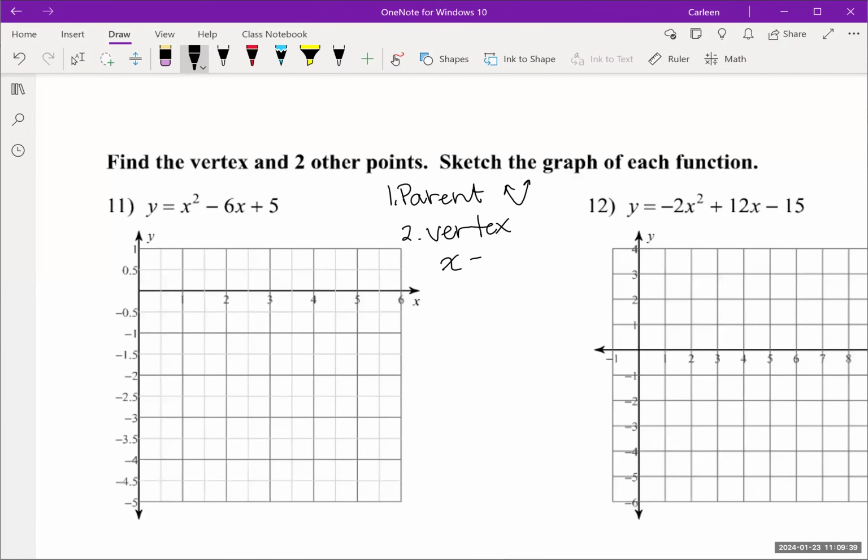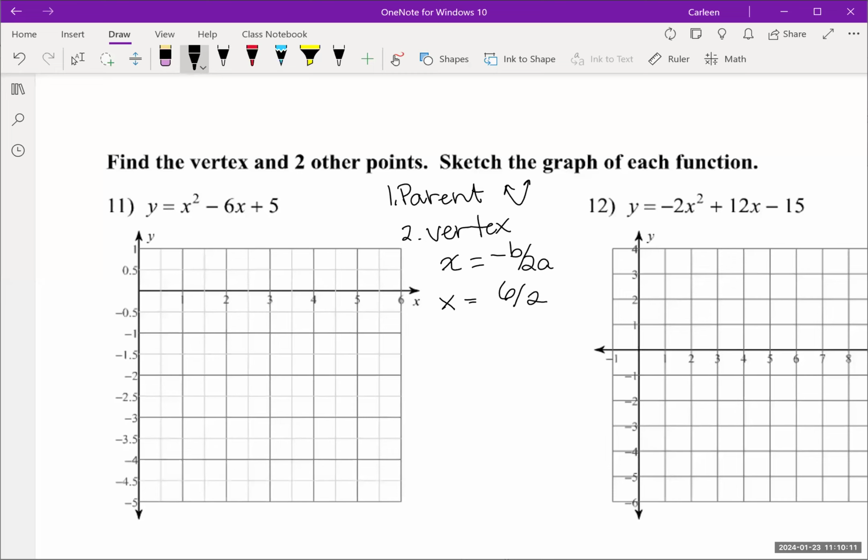The X value is what, Zoomers? Thank you. Negative B over 2A. Okay, so X equals negative of -6 is +6 over 2 times 1, right? Because it was negative, change the sign to positive.